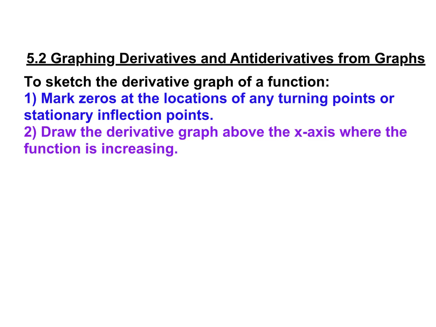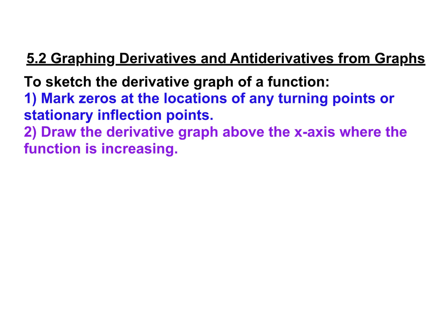All right, the second thing is something you're going to have to keep in mind. You're going to draw the derivative graph above the x-axis, where y is positive, whenever the function is increasing, meaning it has positive slope.